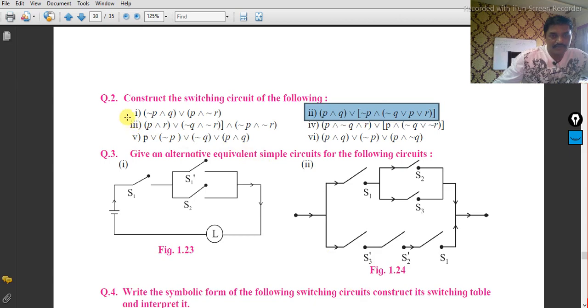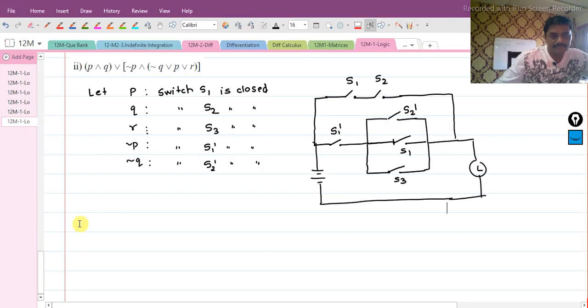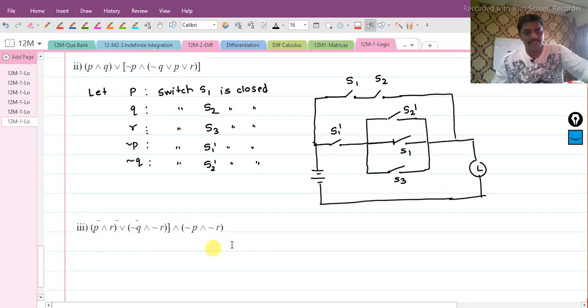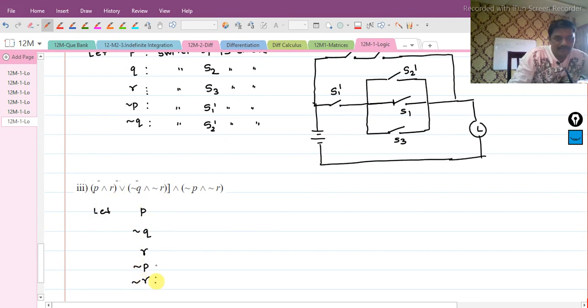Let's go for the third one. The next one. यहाँ पर let P is there. Q नहीं है लेकिन negation Q है. R is there and negation R is also there. Negation P is there, negation R is also there.